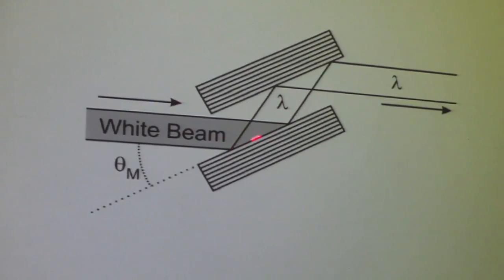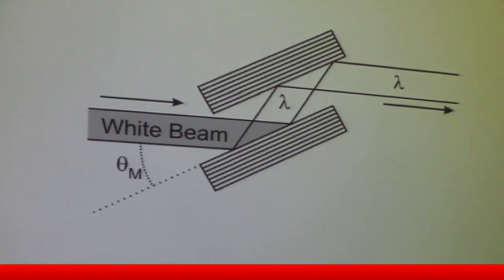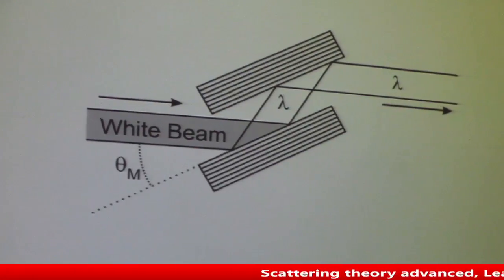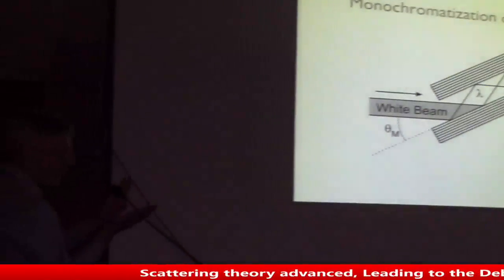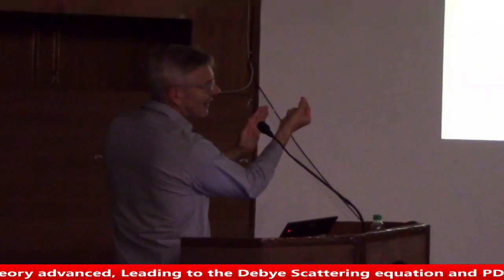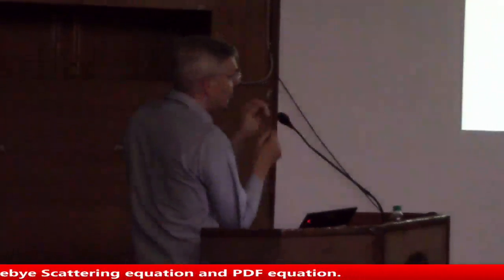And so actually the white beam is going to diffract at all from these set of planes. It's going to diffract at a range of angles. So actually X-rays are going to come off the crystal in some fan like this. And to select a particular wavelength, you want to just take that fan and put a slit in it at some position. So some physical position will select you a wavelength.